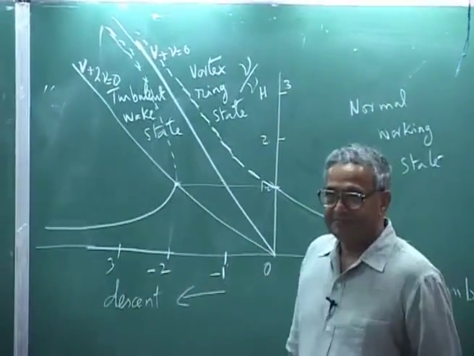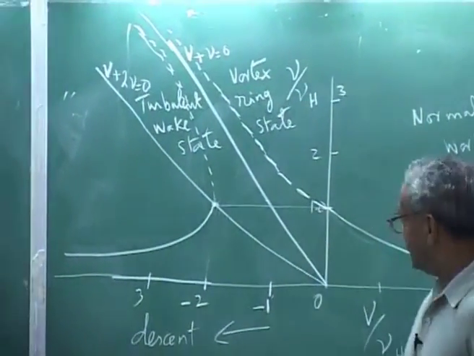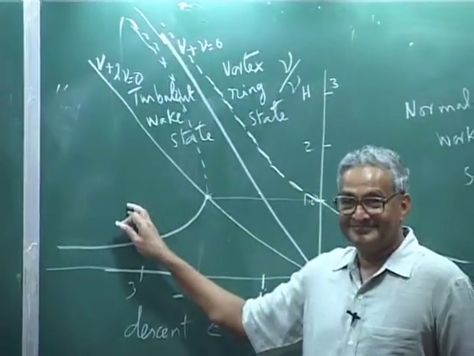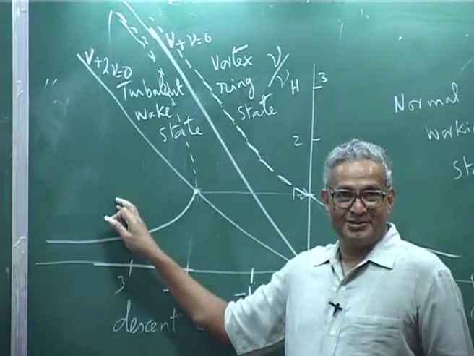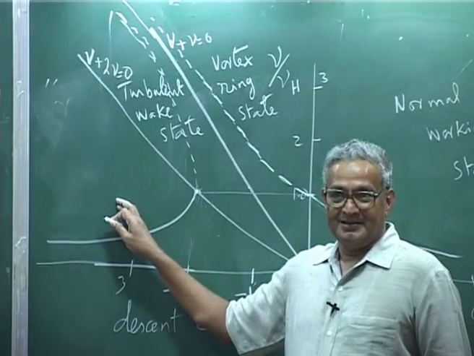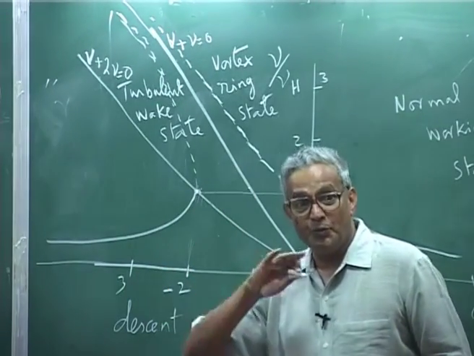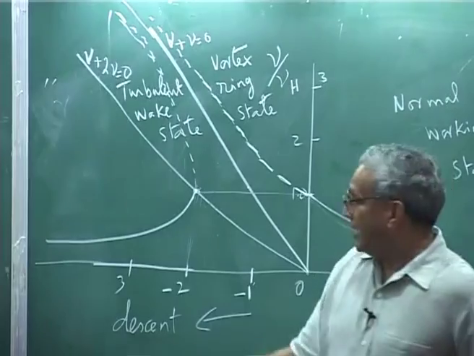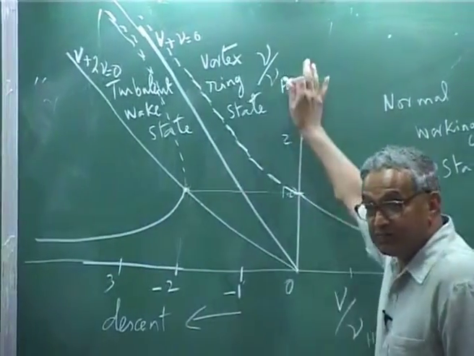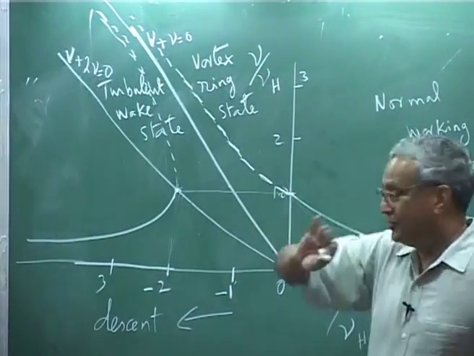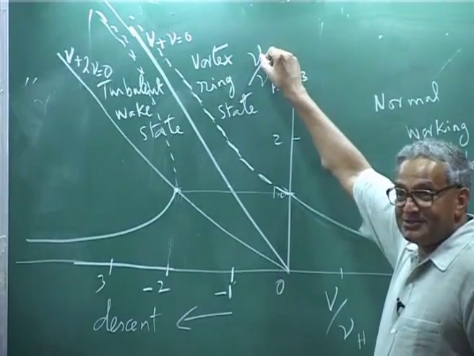And here everything is negative. In the sense V is negative, V plus nu, V plus 2 nu, all of them are negative. Nu is positive, please understand. Nu is always a positive quantity.